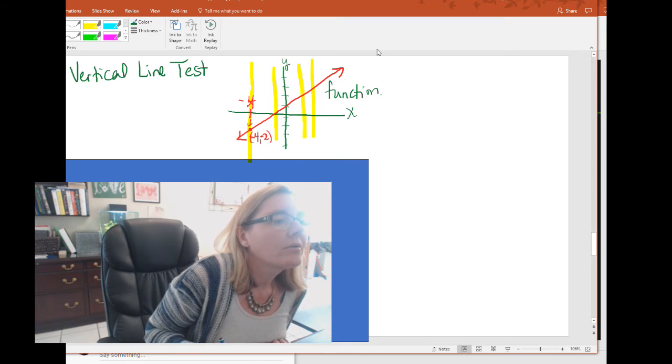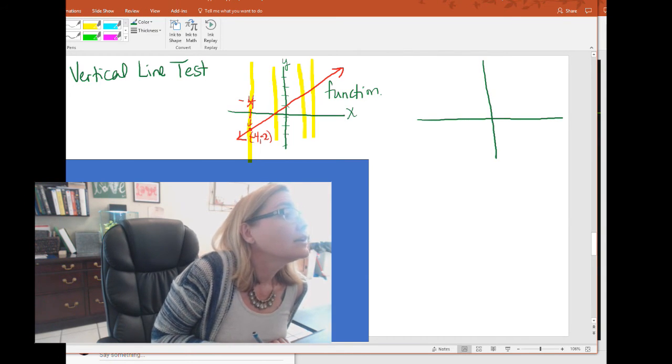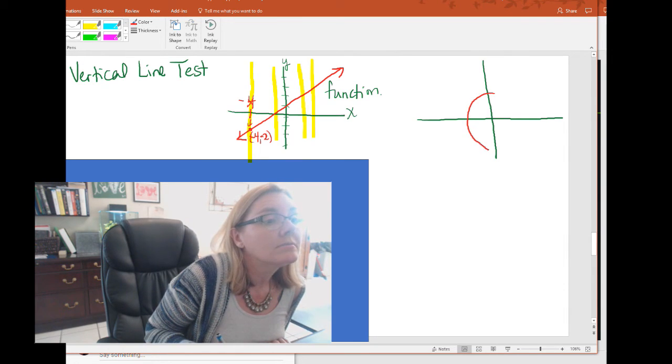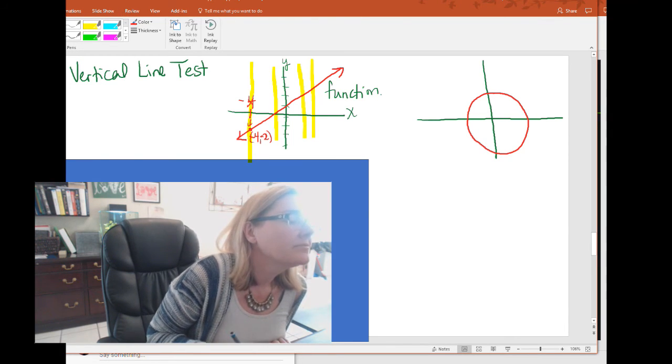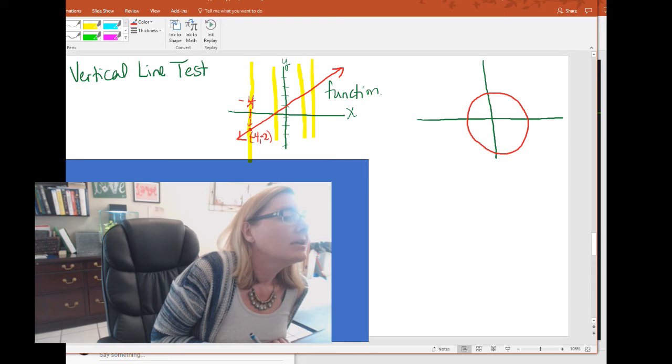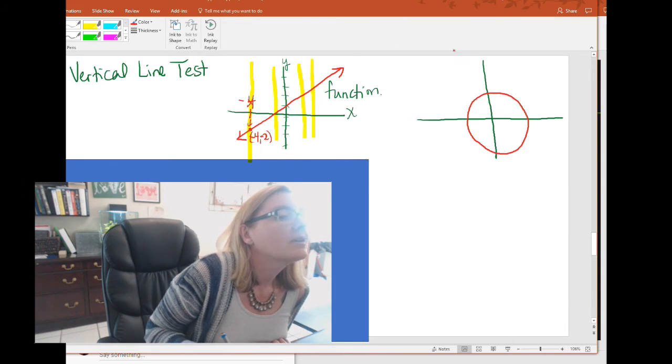Okay, let's look at something where it fails the vertical line test. Sometimes you might have a circle. So here's the graph of a circle, and maybe this circle goes through the point 0, 2, and it goes through the point 0, -4.